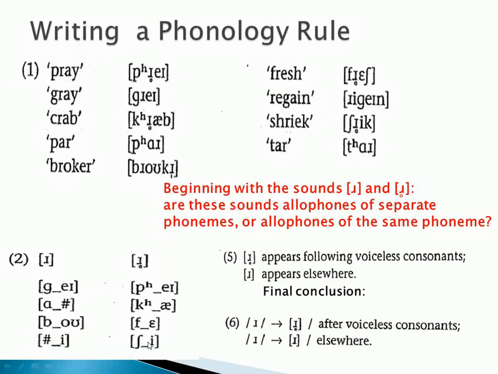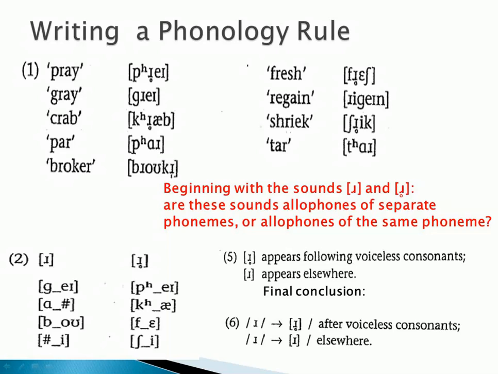So now I can come up with a rule. I say, okay, the sound that is not so prominent appears following voiceless consonants. In the other, since I have two rules here, because it will appear right after voiced consonants like g and b, and vowel sounds, or at the beginning of a word.